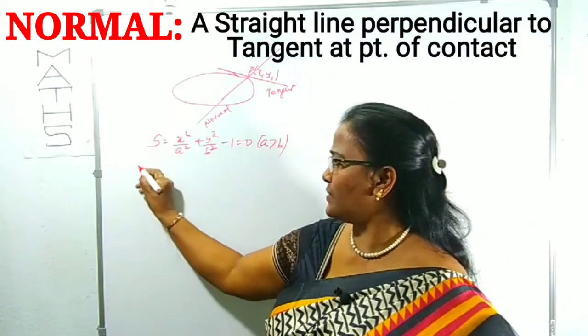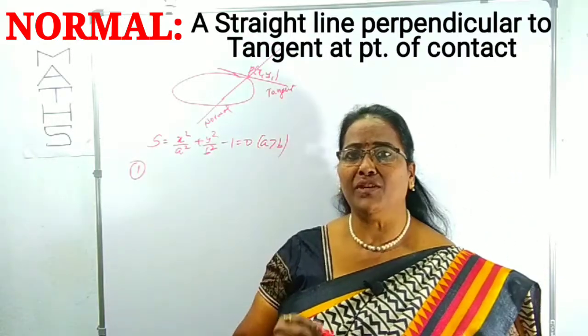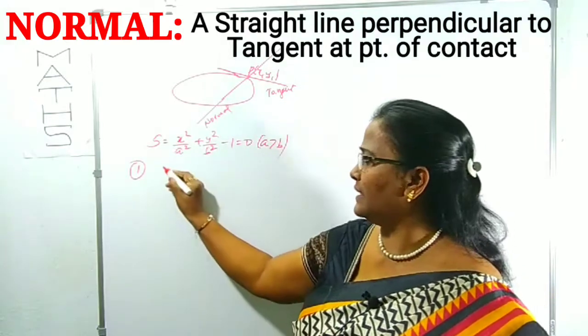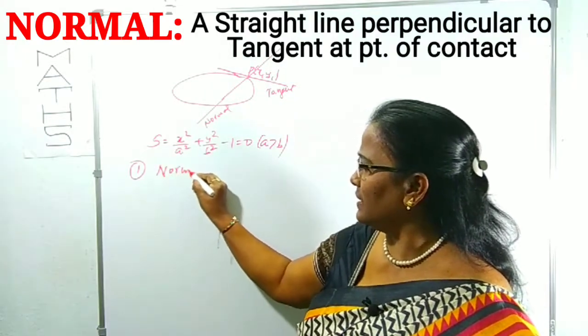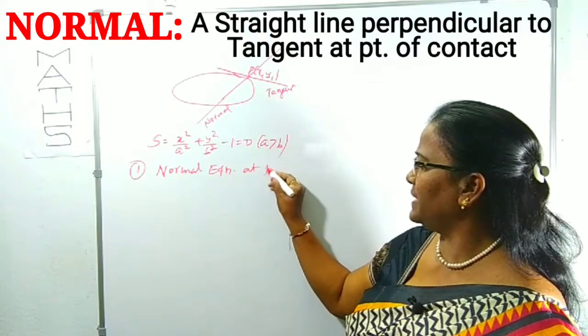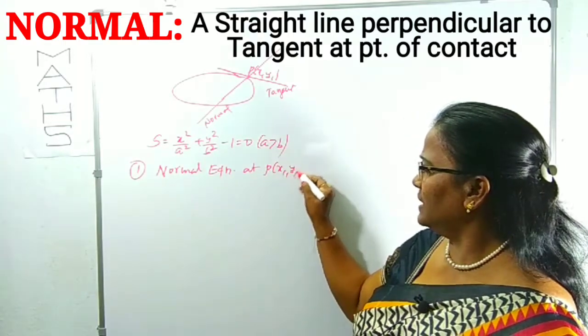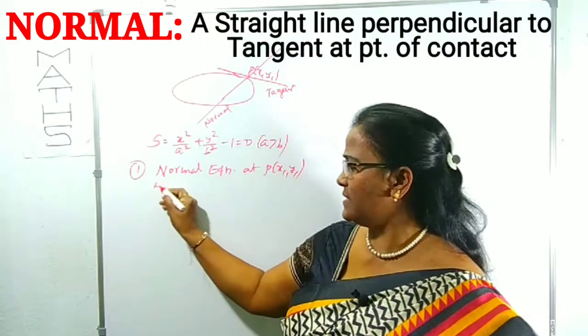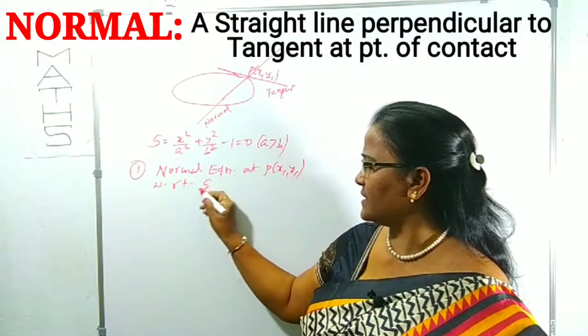Now we come to the equation of normal at one of the points, at some point P(x1, y1), with respect to the ellipse S equal to 0.